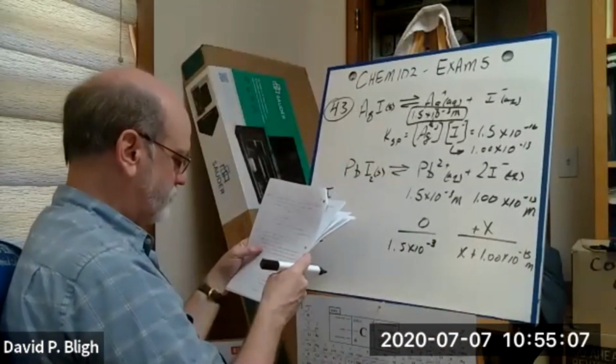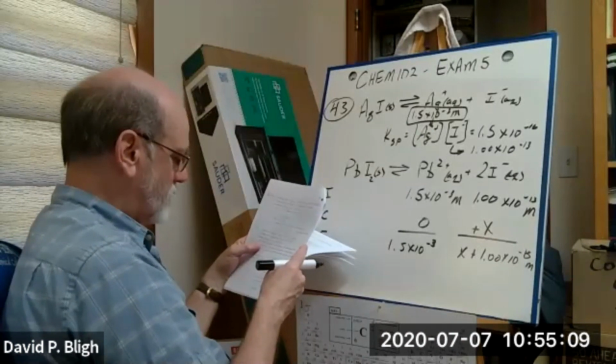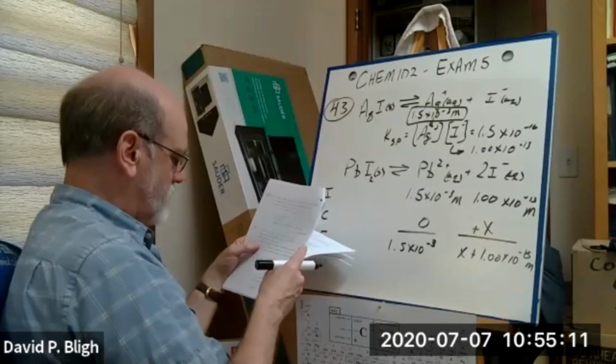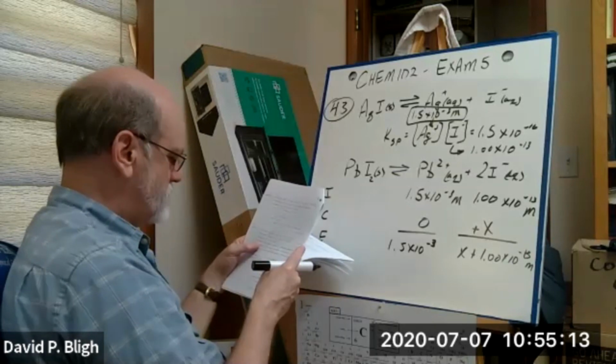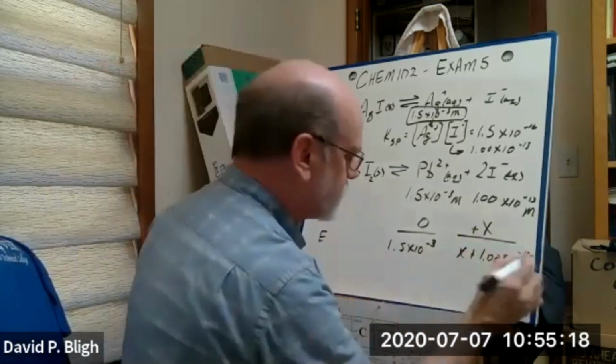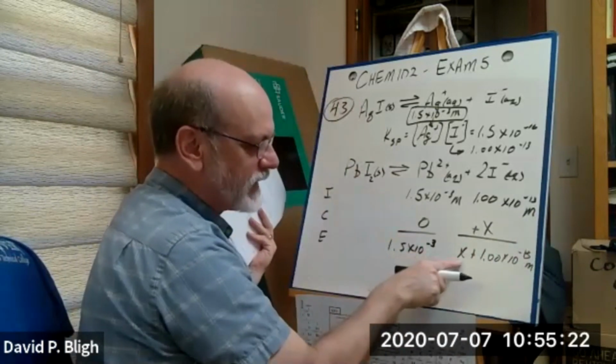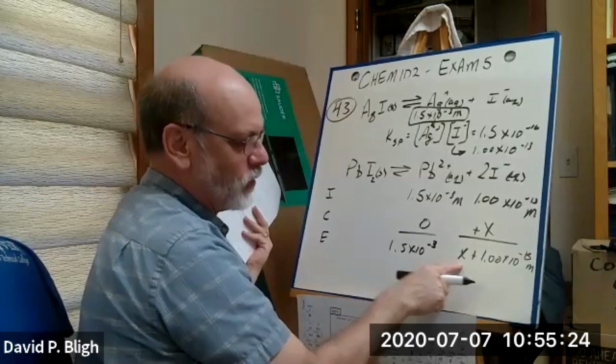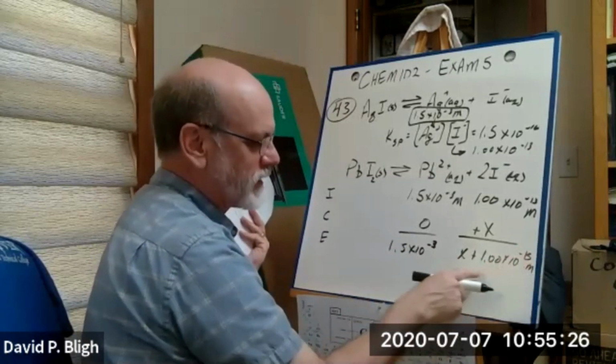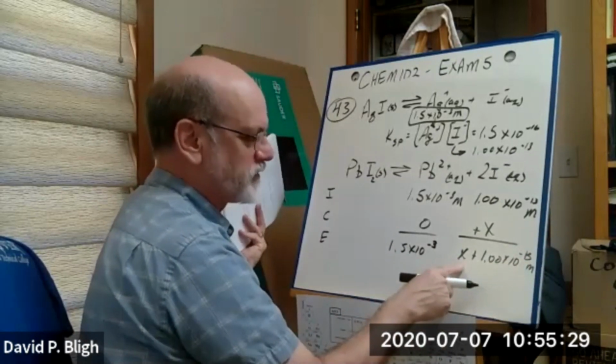So in this case, instead of eliminating the X, we're going to eliminate 10 to the minus 13th, because it's so much smaller than X could possibly be.